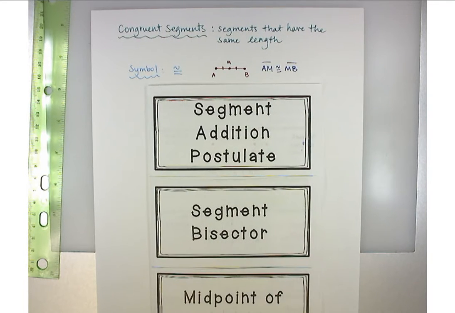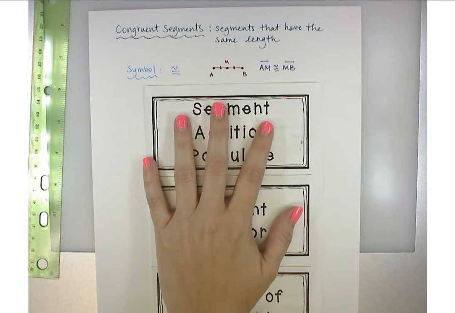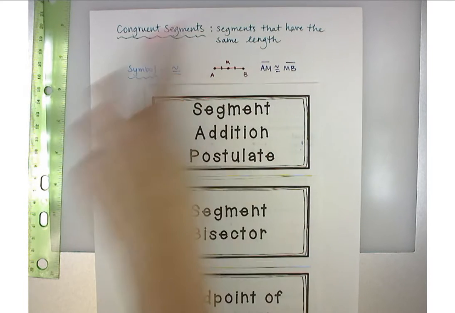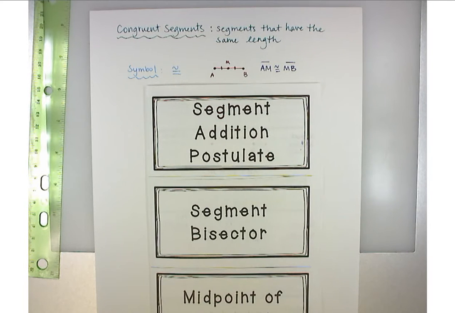So this is on a new page, okay, so not on the back. Anytime we have a foldable, I won't put it on the back. It'll be a new page. And when I'm passing that out, I want you to write about congruent segments. Congruent segments are going to be segments that are equal.